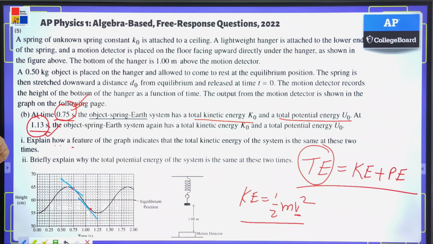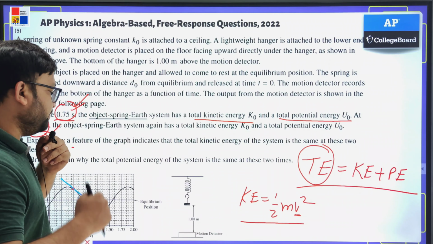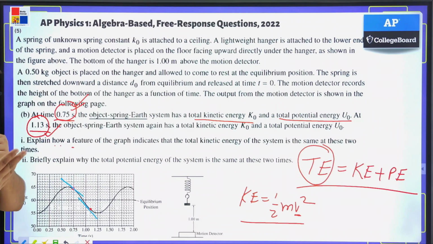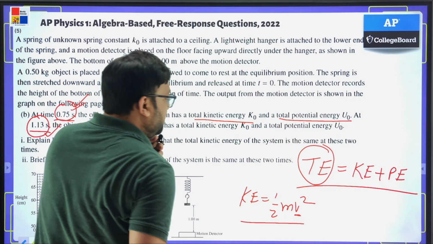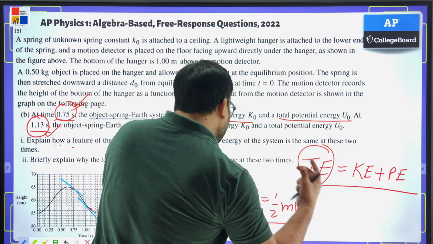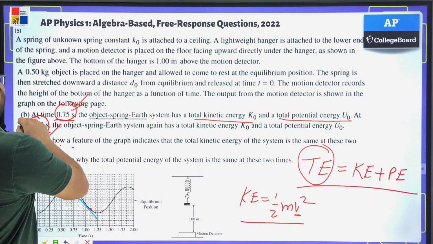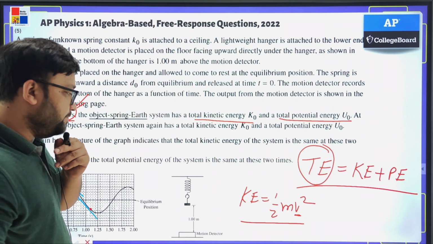These two tangents are parallel. That means their slopes are the same. If these two tangents are parallel, the slopes are the same, that means the speed is the same. Hence, the kinetic energy is the same. That explains part 1 here: why the kinetic energy at these two particular instants has to be the same.